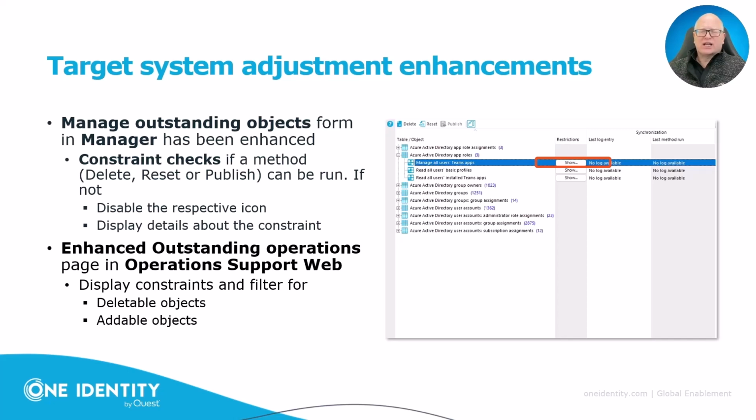The constraint check happens now before, and delete, publish, or reset will not be shown if this makes no sense. And in part 2 of that specific slide, you see what we discussed before. There are as well enhanced outstanding operations available in the operations web. We talked about that when we talked about business features and the operations web enhancements.